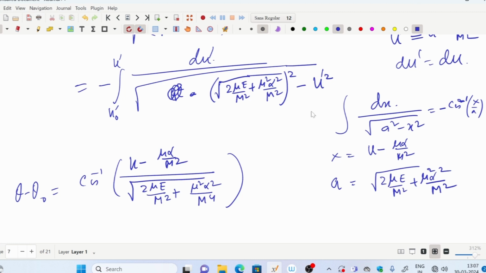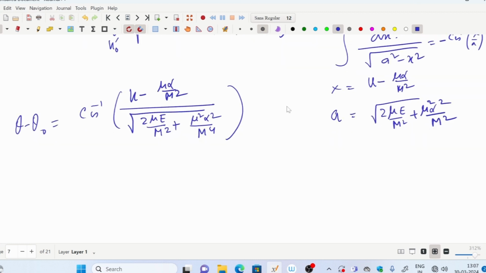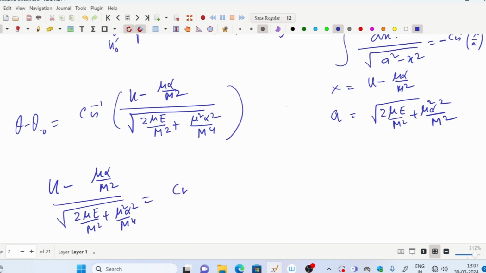So, this equation we can write that u minus mu alpha by m square over root of 2 mu E by m square plus mu square alpha square by m to the power 4 is cos of theta minus theta 0.